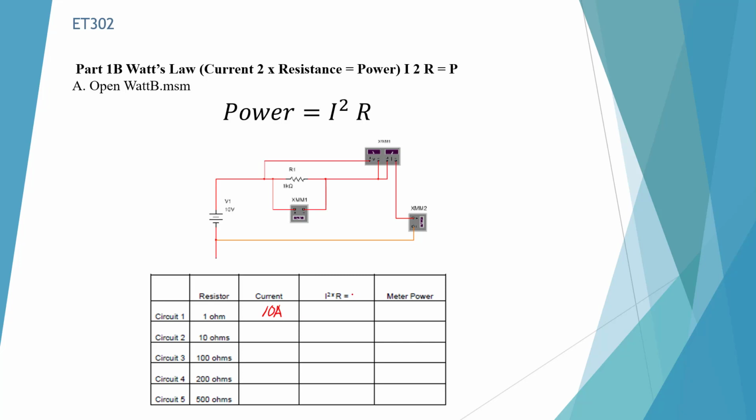All right, so we have I squared R. So we're going to take 10 times 10, which is 100, times 1 ohm, and it's going to be 100 watts. And we're going to confirm it. So even though it's using a different formula, we're still coming up with the same answer, 100 watts.